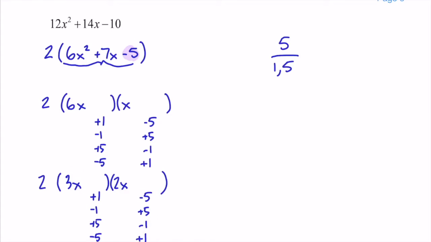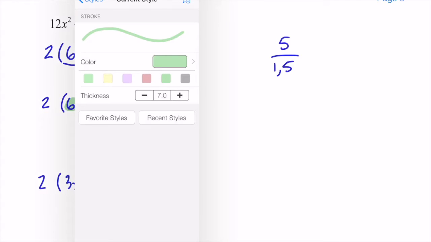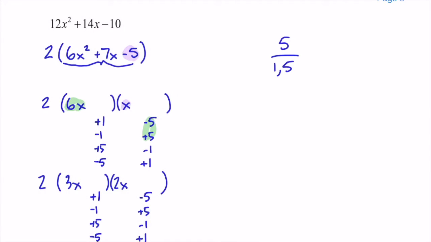But what I notice is that when I do this 6x times these 5s, that's going to give me a 30, whether it's positive or negative, which when I have to multiply this x times the 1s, there's no way that 30 and the 1, that difference is 29. That's not going to give me the result I want.